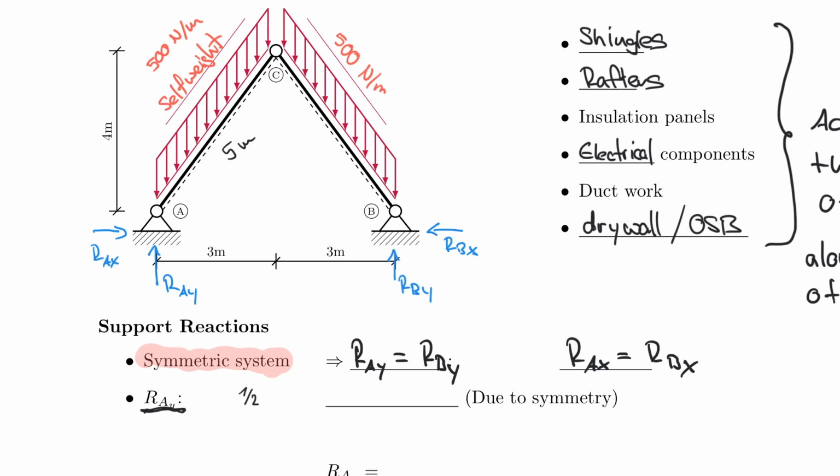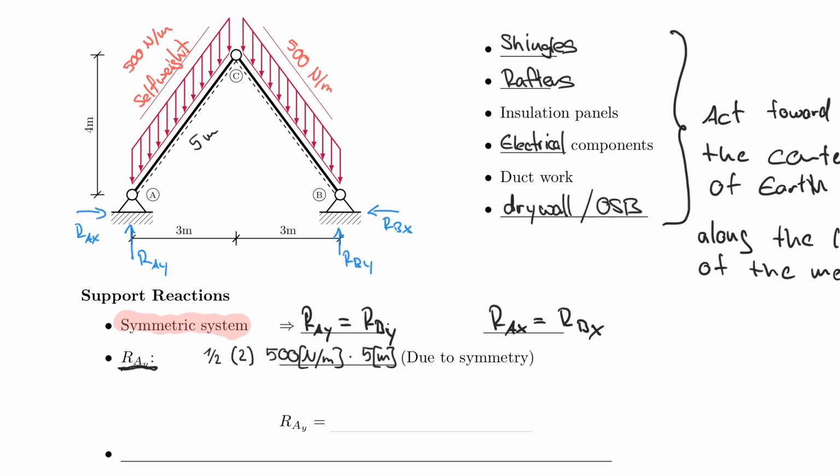So 1/2 times 2 times 500 Newton per meter multiplied by 5 meters. And so that is exactly how much load we will have, and that is 2,500 Newton, which is equal to 2.5 kilonewton.